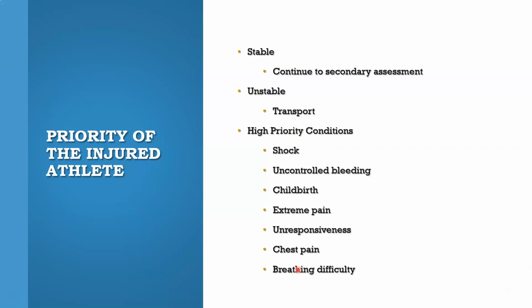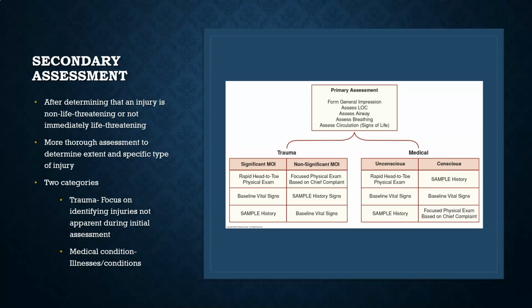So unstable and high priority conditions are all going to be immediately transported. We might collect vital signs in the meantime, but we're not going to be waiting around for the vital signs. We're only going to collect vital signs if somebody is stable and their primary assessment does not indicate any of those high value or high critical conditions.